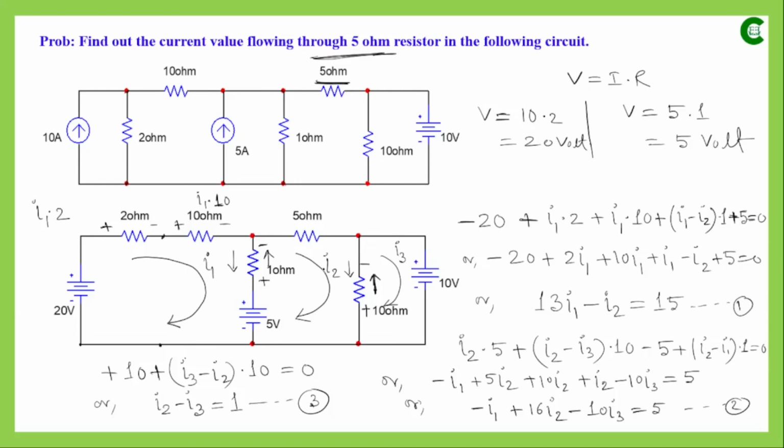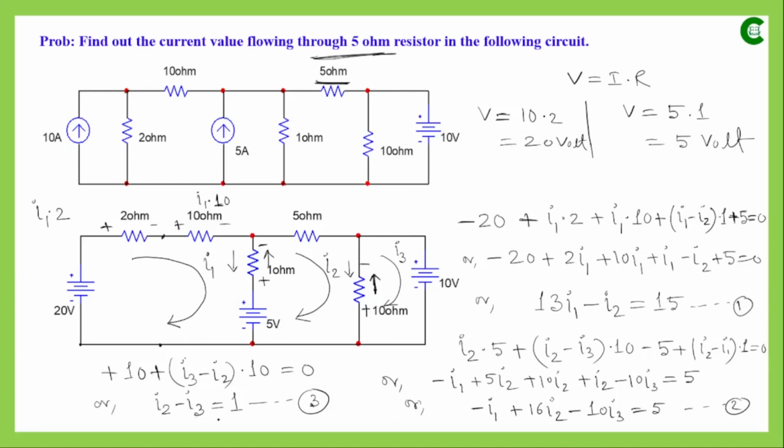Otherwise, if we want to know the voltage drop across any other resistance or the current flowing through any other resistance, then we have to solve for other variables. But for this problem, solving only for I2 will be sufficient. Looking at these three equations, the third is the simplest form.